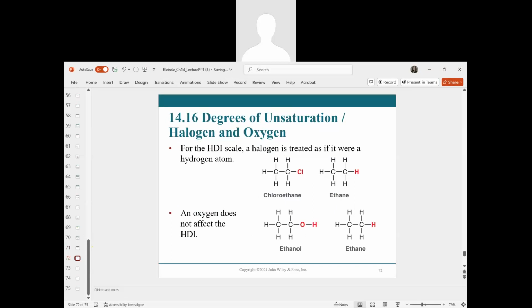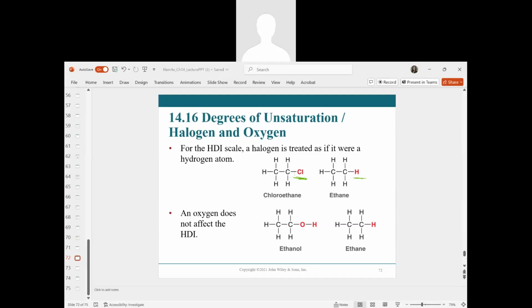So how can we figure this out? In general, when we have hydrogens present on our molecule, we can compare how changing a hydrogen to something else will affect our count. Say we have chloroethane, for example. We would treat a halogen as if it were a hydrogen because it doesn't affect our degree of saturation.